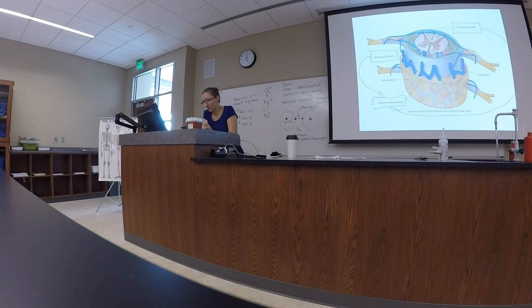You can see they're embedded in the extradural fat. And then they drain segmentally into veins that then feed into the major systemic veins of the body, including the azygos.